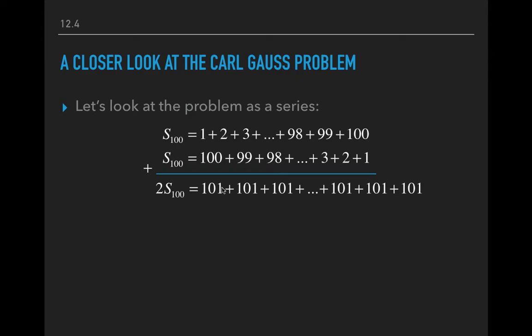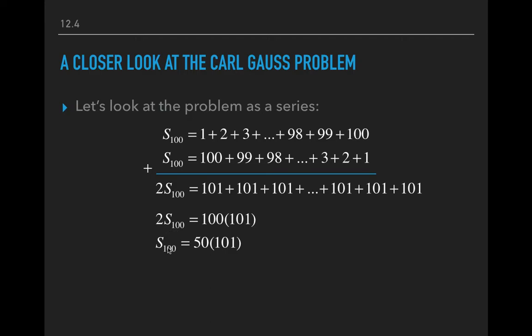So this is 100 101s. If you add these together, I'll have 2 sums of 100 terms. Again, condensing this, I have 100 sums of 101. It's a little bit easier than writing it 100 times. Now what have I done?